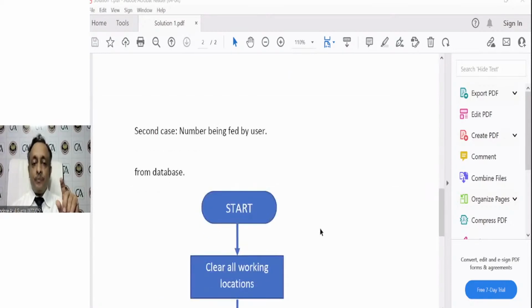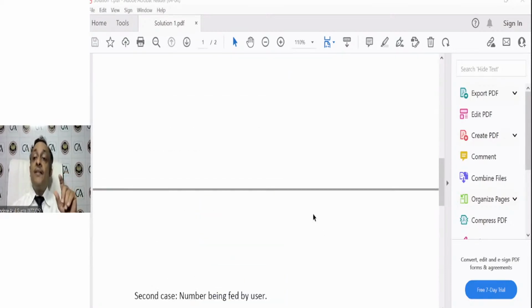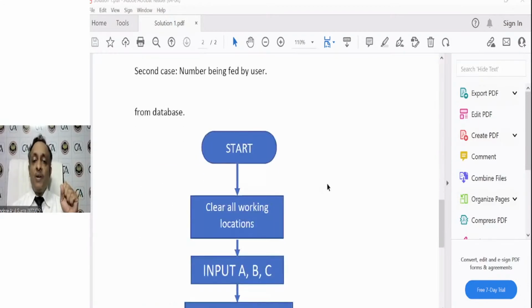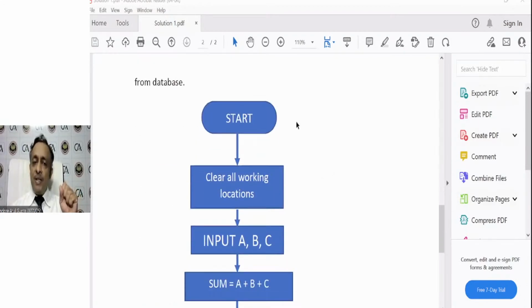Suppose the numbers are fed by the user. This read means you're reading from an existing value that is already given in the system. Suppose the values were fed by the user, then it works like this. Same start, clear all working locations. Here I am saying input. Input is giving an instruction to the user.